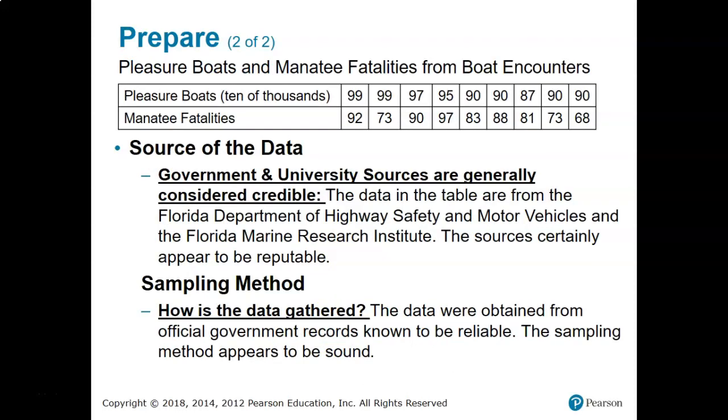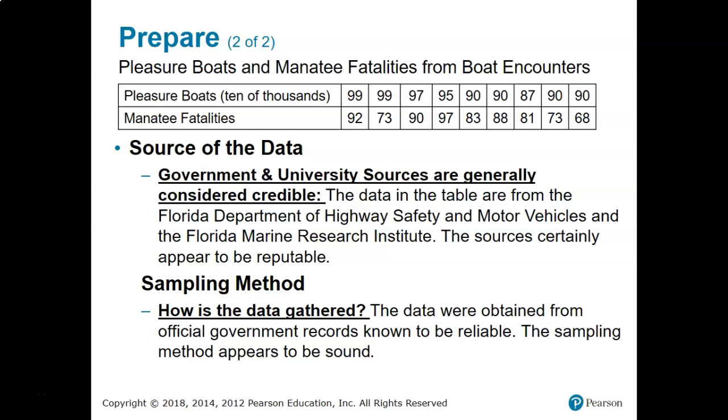The source of the data is important, and it needs to be a credible source. Generally, if it's funded by the government or conducted by universities, those sources are considered credible. In this particular case, the data was from the Florida Department of Highway Safety and Motor Vehicles. So we would assume that's a fairly credible source.